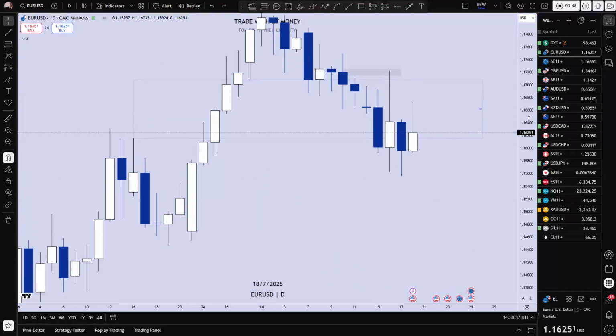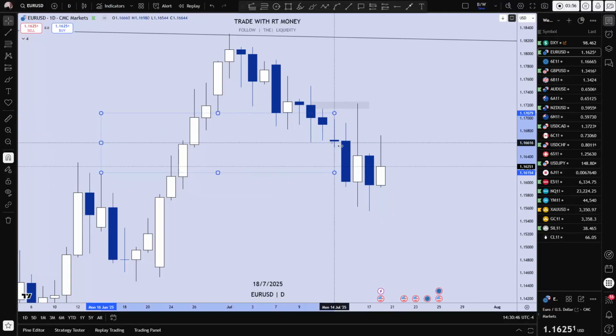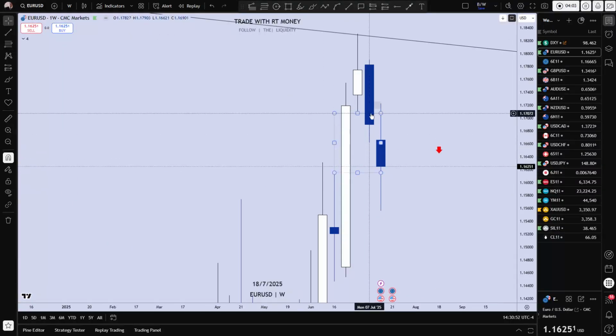We go down to the daily, and what we can see is the market has traded through this weekly fair value gap. You can see that here. Go right back to the weekly, and let's mark something out.